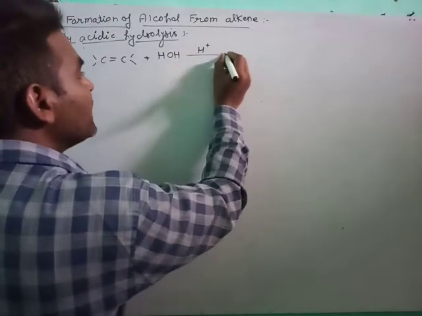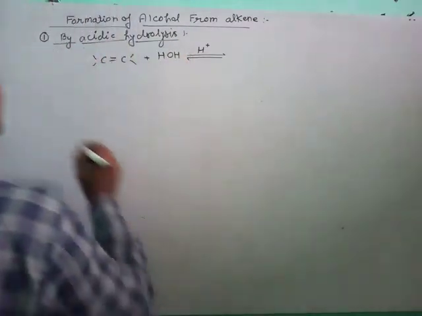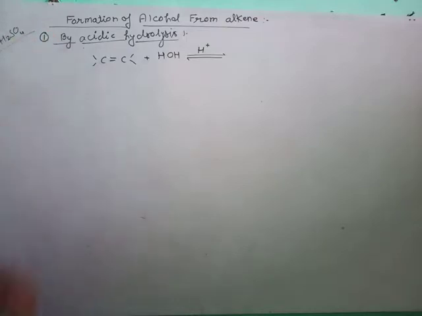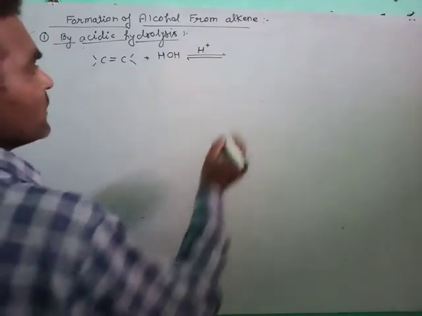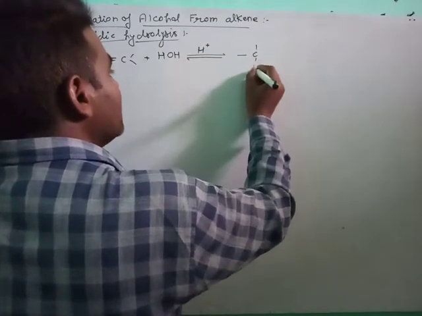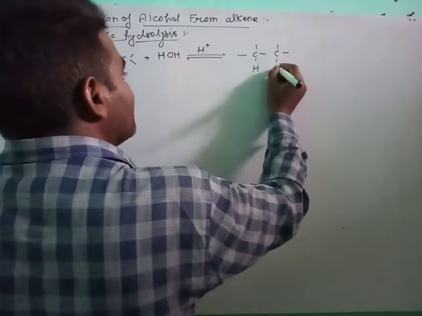These are called protonic acids. In the presence of an acid like H2SO4 or many others, it gives alcohol. It gives alcohol, H, C and OH.